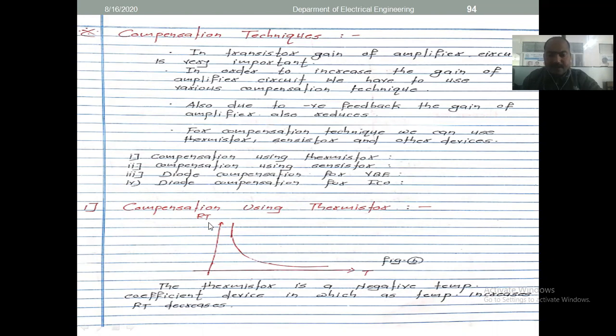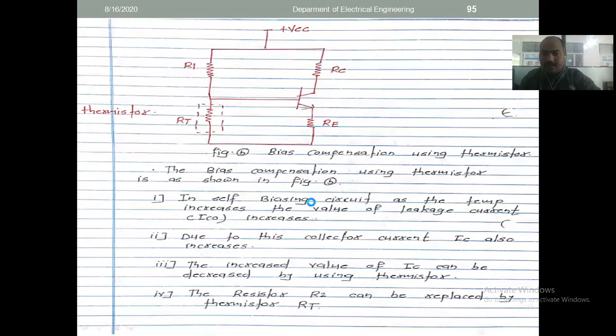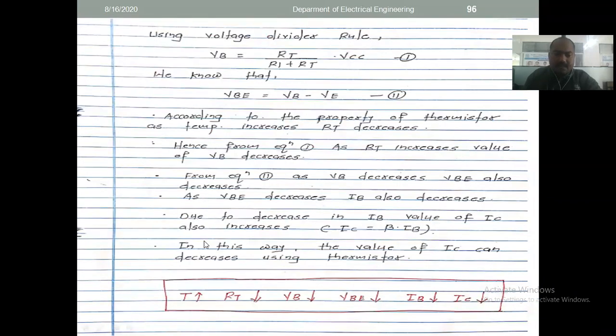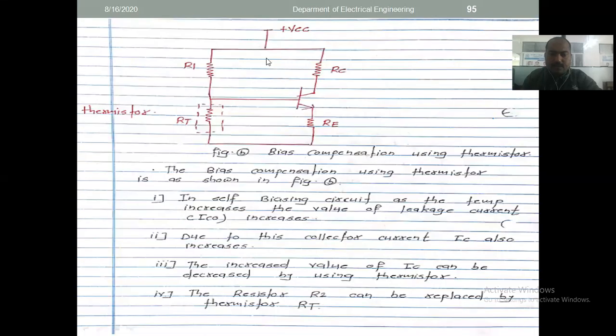Why? Because the resistance reduces, right? I am explaining the same thing with respect to one of the charts. This is the flow chart, which indicates how the particular thing will happen. We have discussed this with respect to this configuration.